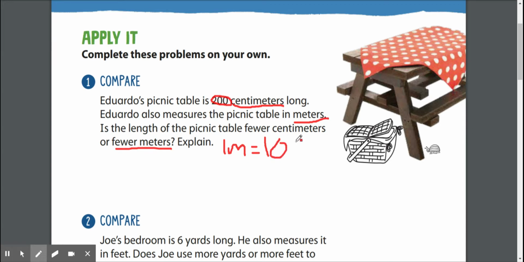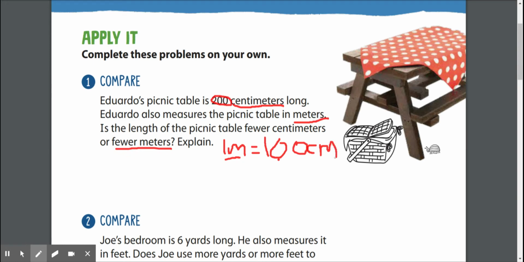We have 100 centimeters. So if I measure this picnic table right over here, are we going to have fewer meters? Well, we know 1 meter is 100 centimeters. Or are we going to have fewer centimeters? Well, I'm going to say the smaller something is, the more we have of it.